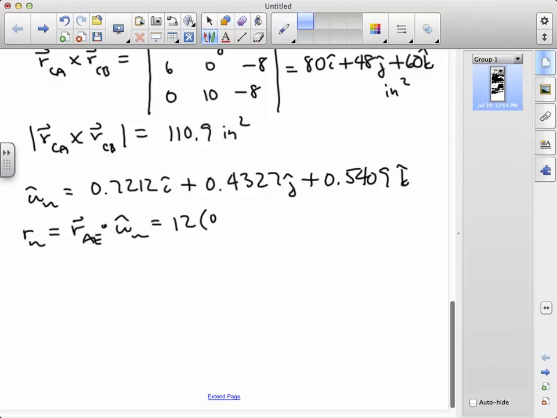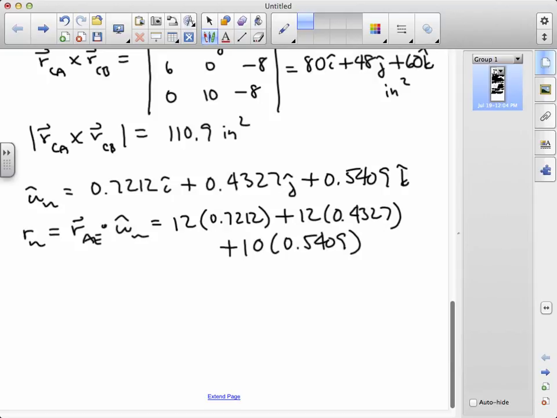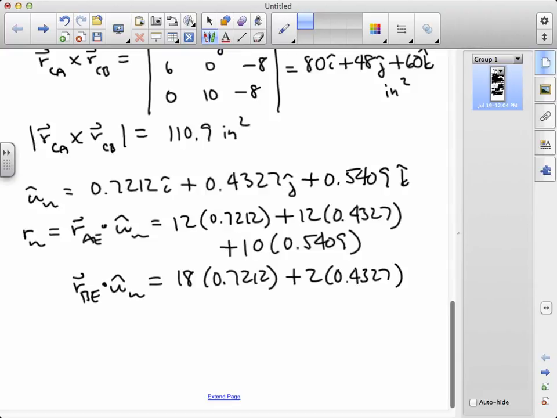The specific numbers here turn out to be 12 times 0.7212 plus 12 times 0.4327 plus 10 times 0.5409 for RAE dot UN. RBE dot UN will be 18 times 0.7212 plus 2 times 0.4327 plus 10 times 0.5409.